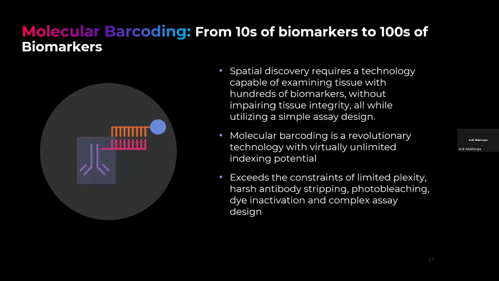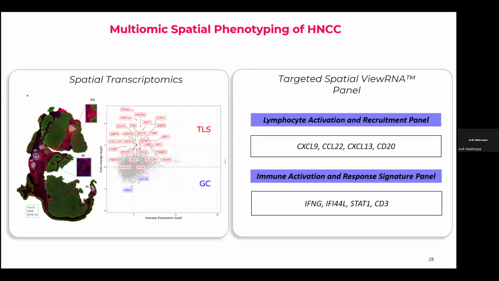It's more isothermal. So after they got this TLS, they wanted to see what is the difference between the tertiary lymphoid structure and the germinal center. So they did region of interest-based transcriptomic studies where they picked the germinal center from the tissue and also the TLS, and they looked at what RNA transcripts were present there.